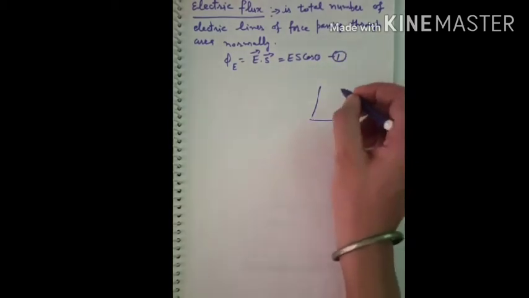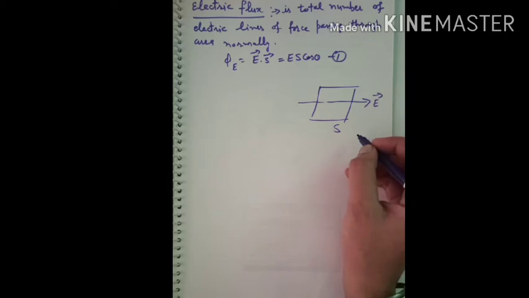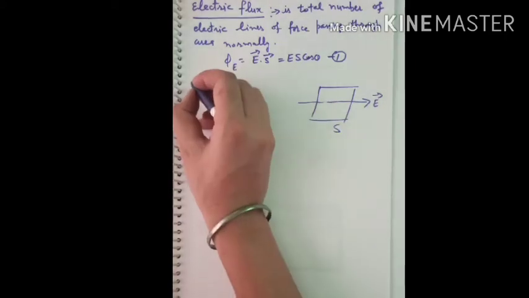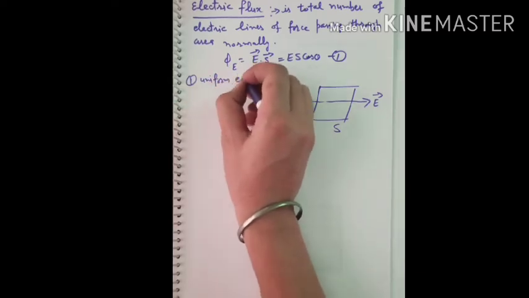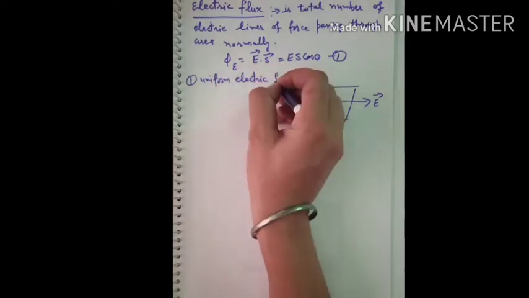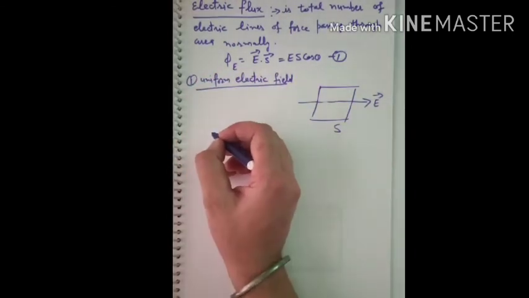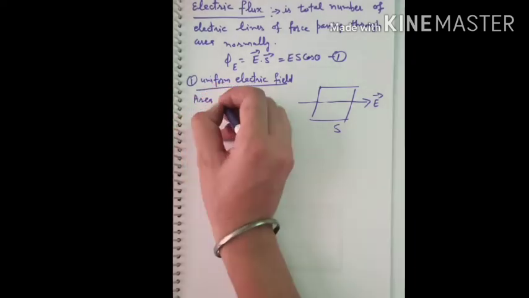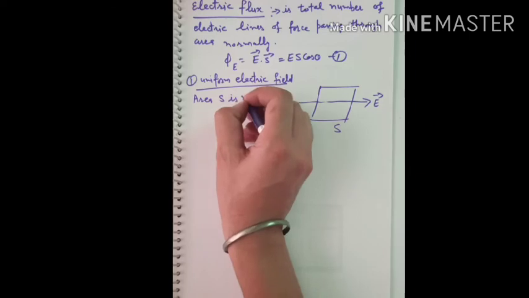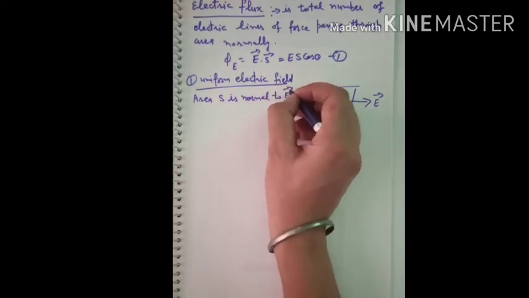Suppose we have any area S. This is the electric field. The electric field is uniform in this case. Here are two cases. Number 1 is uniform electric field. In this case, area is normal to the electric field, meaning area S is normal to the electric field.